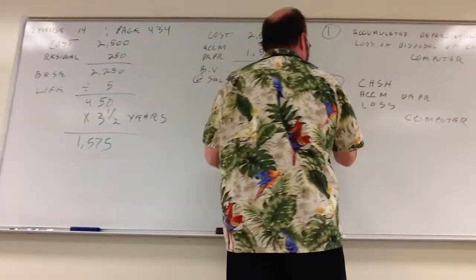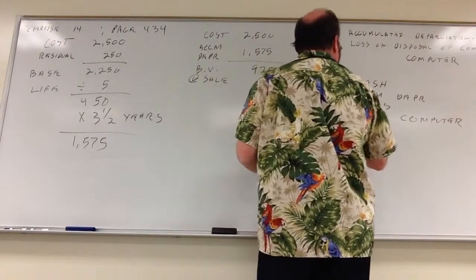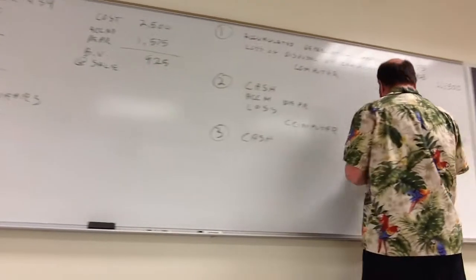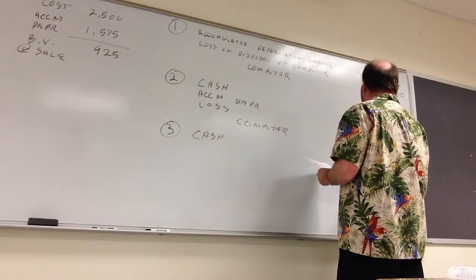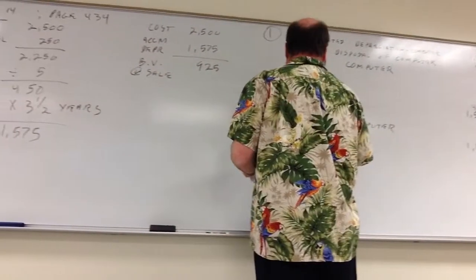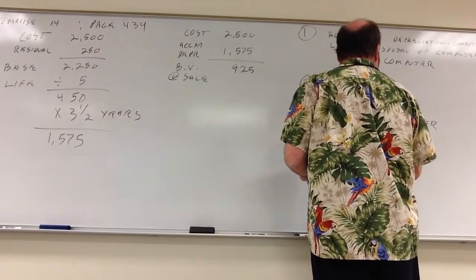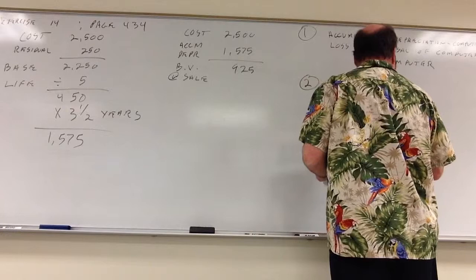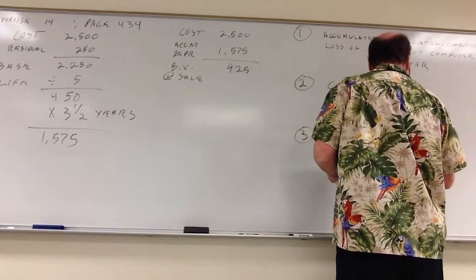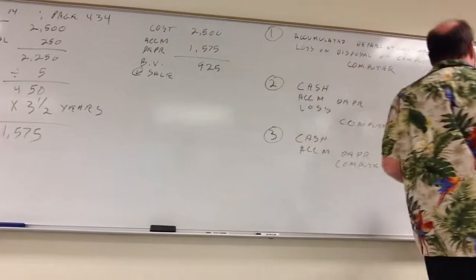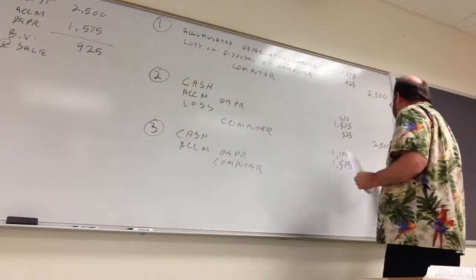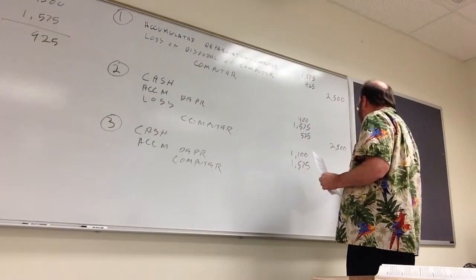And then the last scenario is, what if we sold it for cash equaling $1,100? Well, we still have the accumulated depreciation to take care of, and the computer, 1,575 and the 2,500.